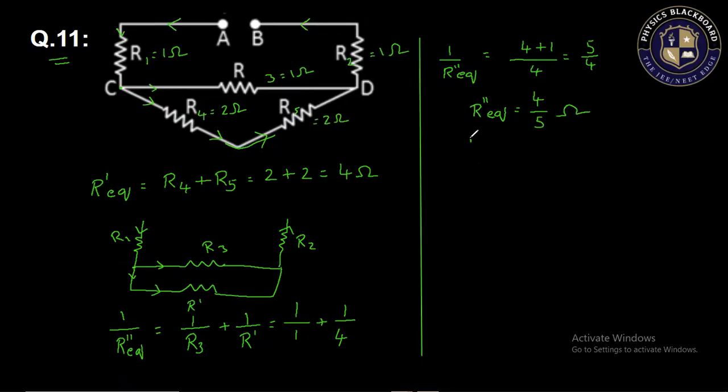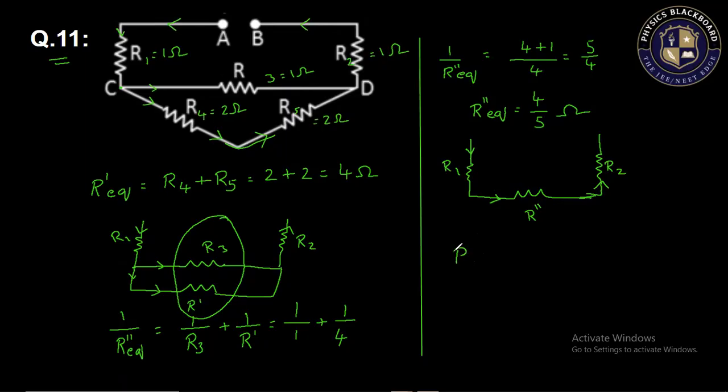Now, if you redraw this again, this is R1, this is R2. Now, R3 and R dash together, I have taken as one resistor, that is R double dash. Now you can see that the current which is passing through R1 is the same current passing through R double dash and also through R2.